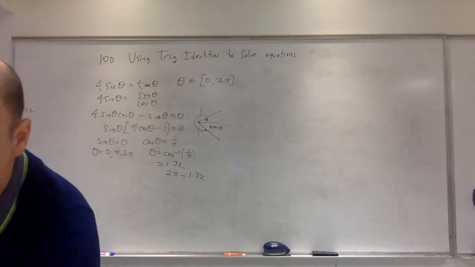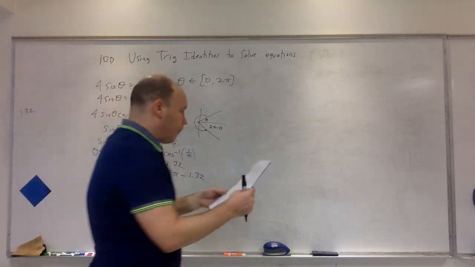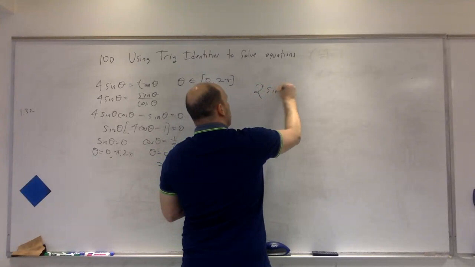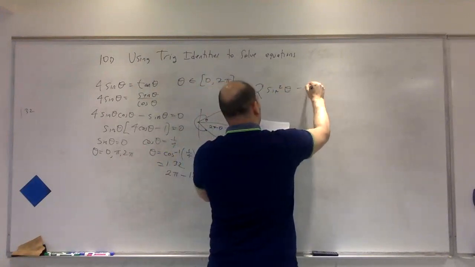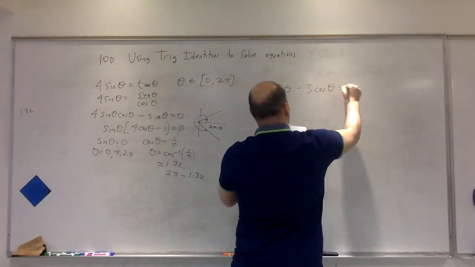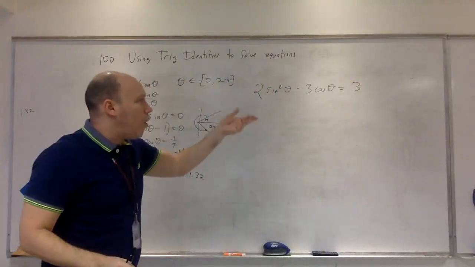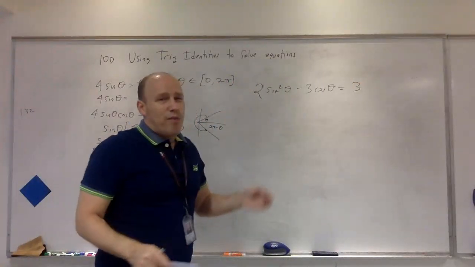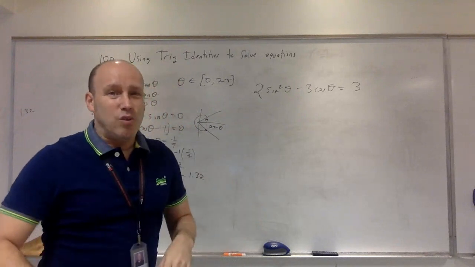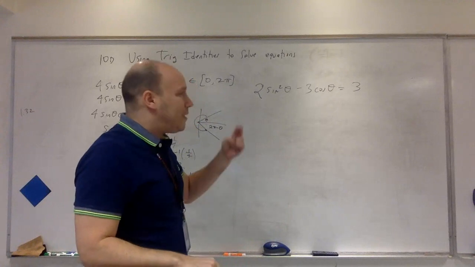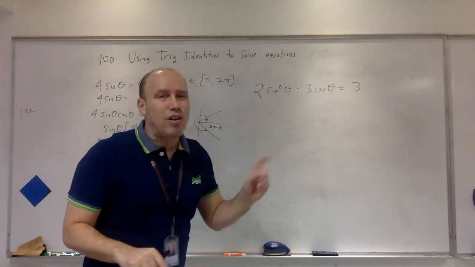Let's try another problem. This one is going to be a quadratic. The equation is 2 sine squared theta minus 3 cosine theta equals 3. Now, yes, everything's sine and cosine, but we know from our experience in the other units that when we do these types of equations that look like quadratics, we want to substitute the same variable, and sine and cosine, they're a little different.